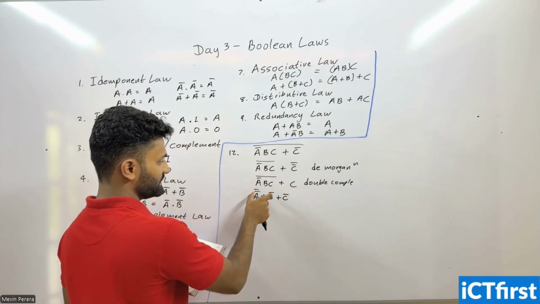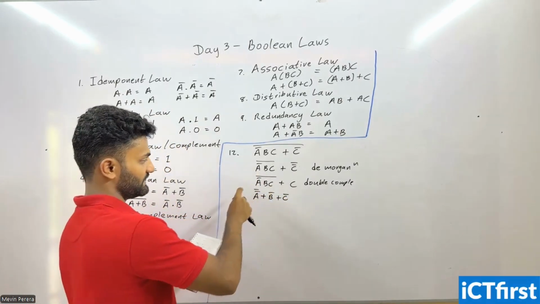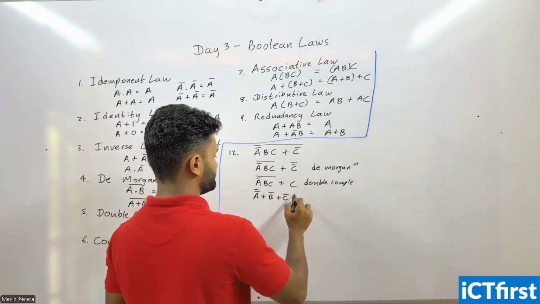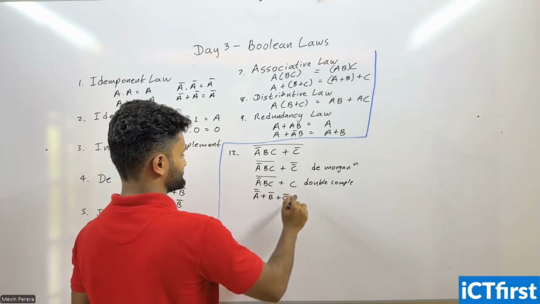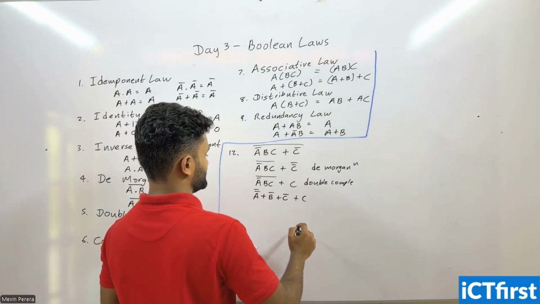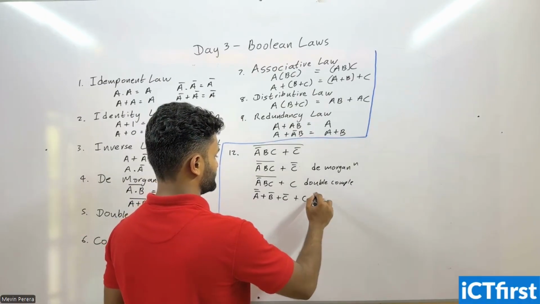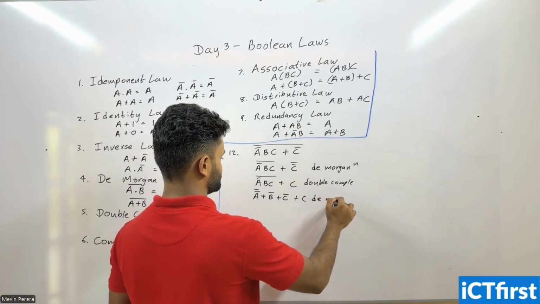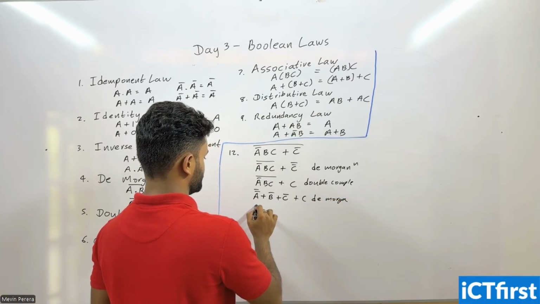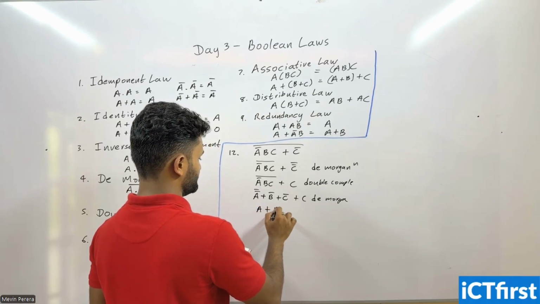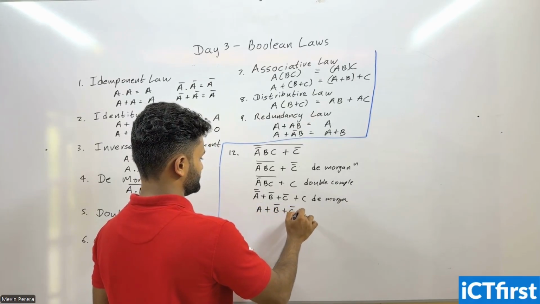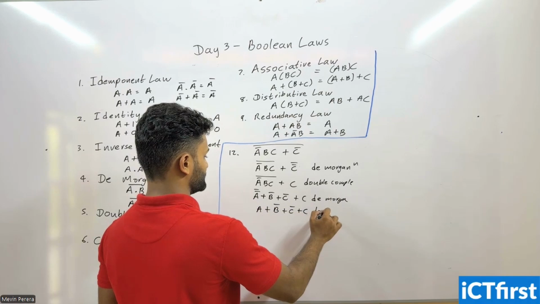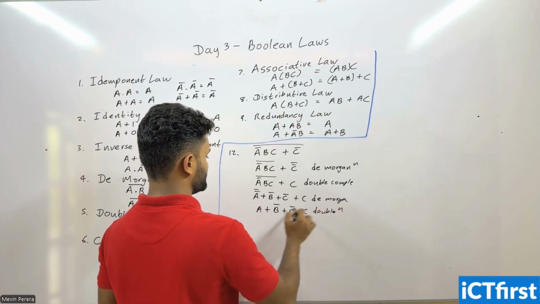Then this particular part, bar bar plus, b bar plus. Even if there are three individuals, same thing is happening. Our bar is getting separated into three. Then the middle becomes plus c. Same thing, De Morgan. And bar to bar is a b bar plus c bar plus c. That is once again double complement.